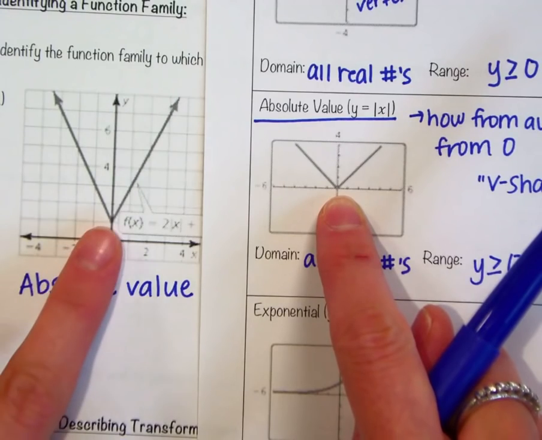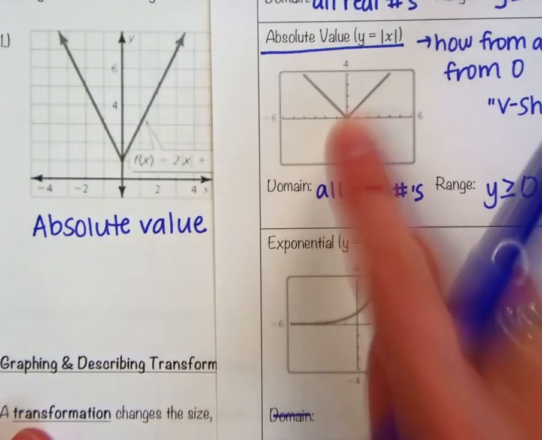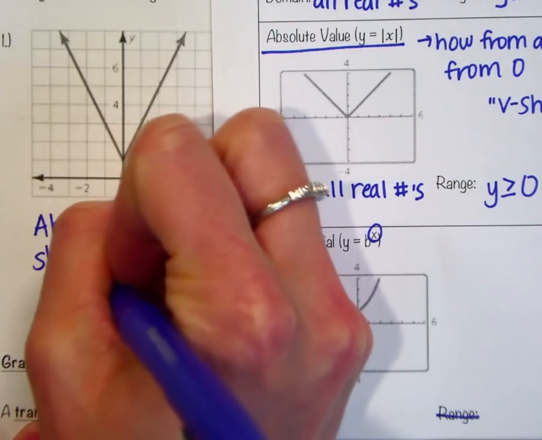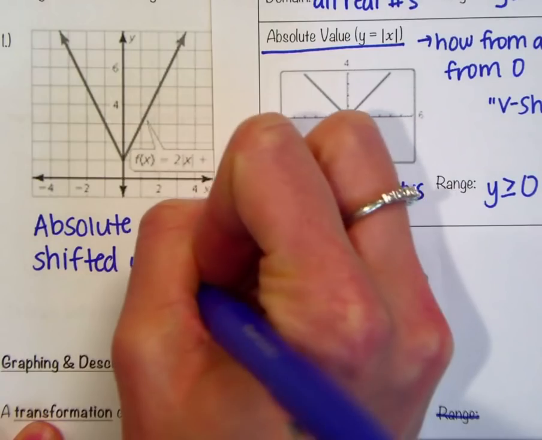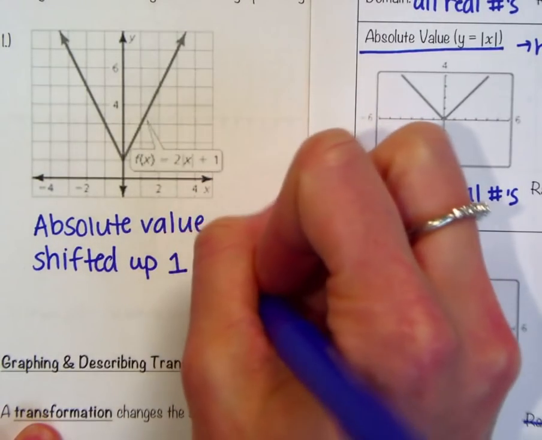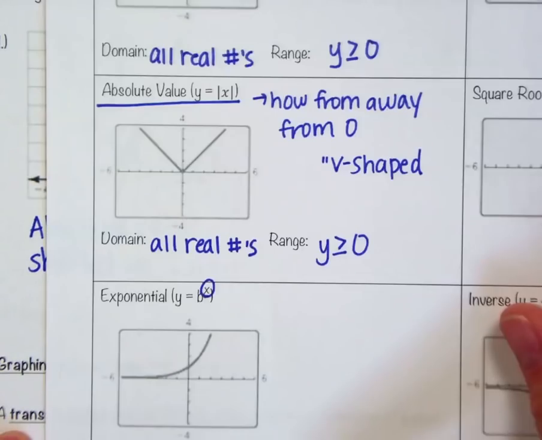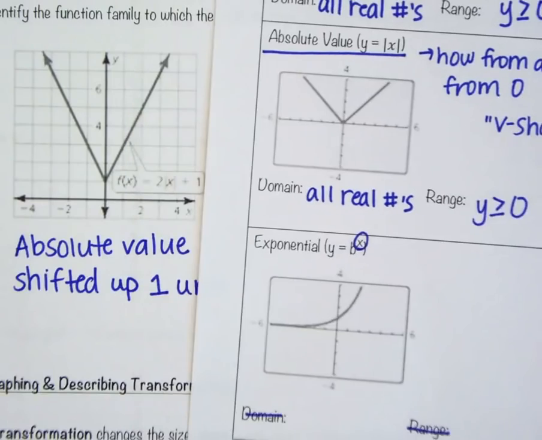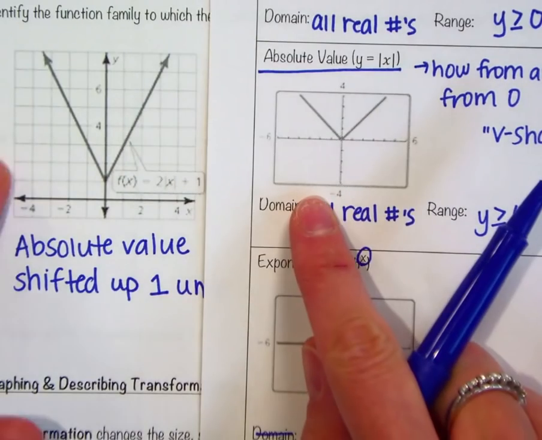The bottom point here is at 0, 1, so it looks like this was shifted up 1 unit. It also looks a little bit narrower than this one.